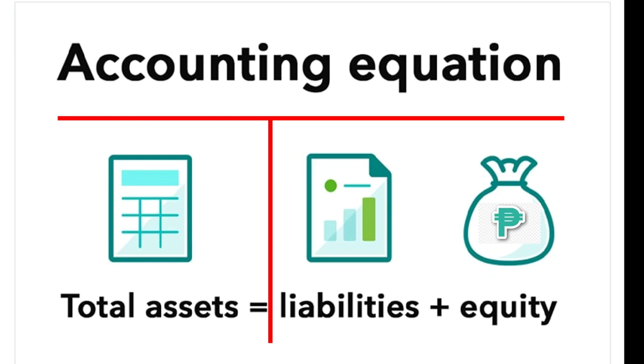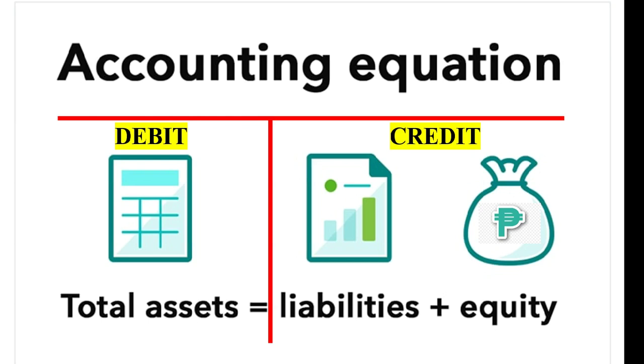The left side of the T account is your debit side, while the right side represents your credit side. So this is now the relationship between the accounting equation and your T account.